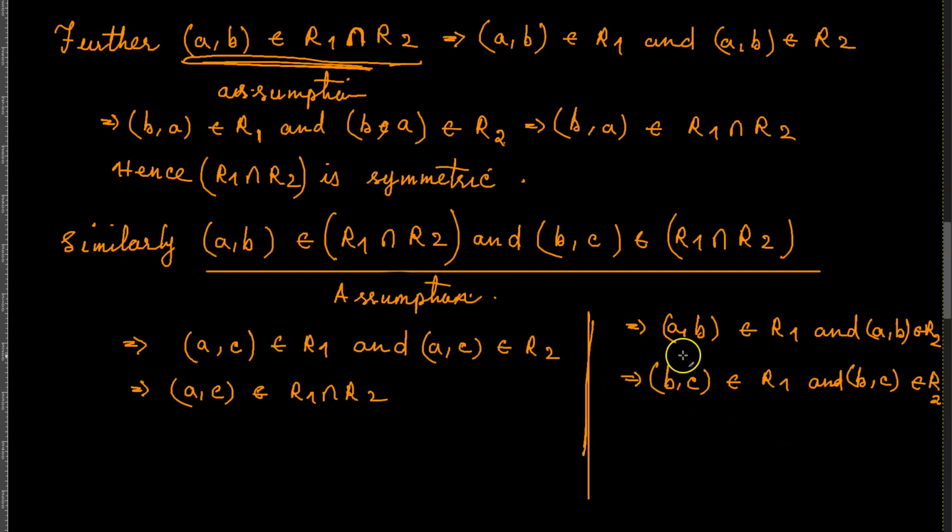Now what that means is that (A, B) belongs to R1, and (B, C) belongs to R1. So what they have considered here is that (A, C) belongs to R1.